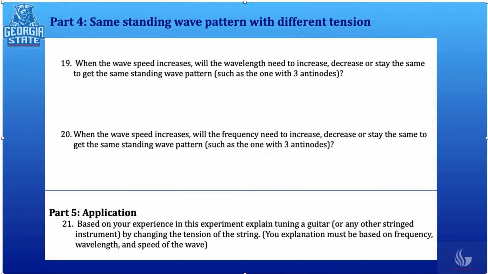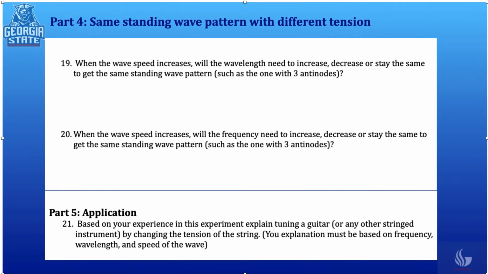Part 5, application. Based on your experience in this experiment, explain tuning a guitar or any other stringed instrument by changing the tension of the string. Your explanation may be based on frequency, wavelength, and speed of the wave. You know that the frequency of a string on a musical instrument can be changed either by varying the tension or by changing the length.